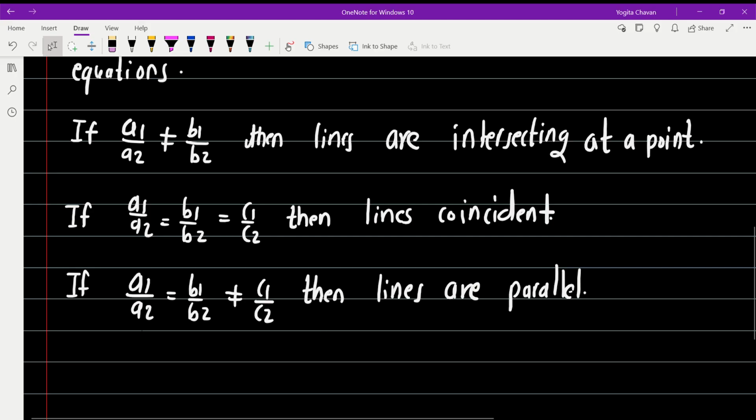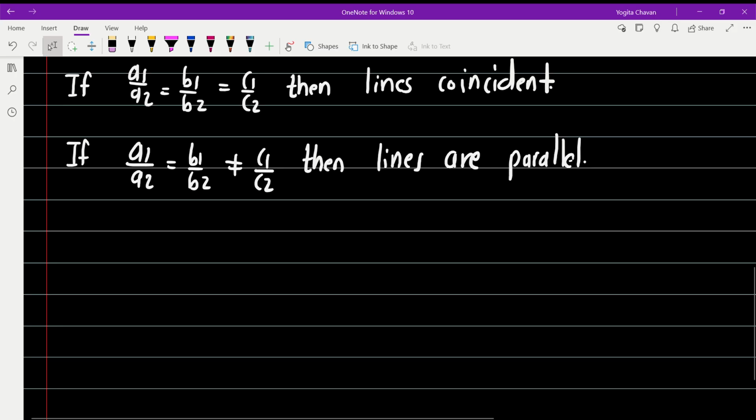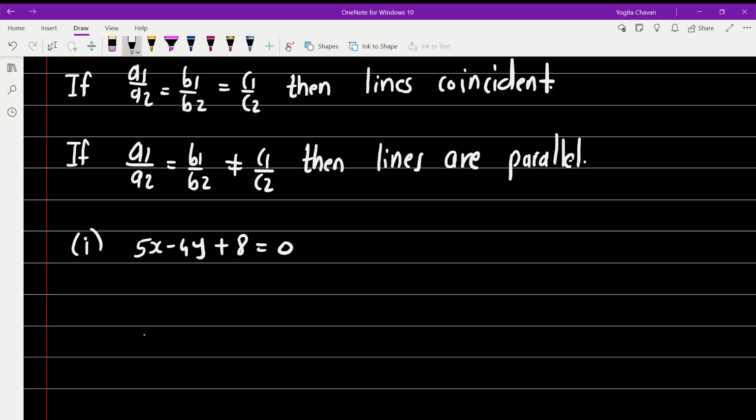So start with number 1. Our first pair is 5x minus 4y plus 8 is equal to 0, and the second equation 7x plus 6y minus 9 is equal to 0.